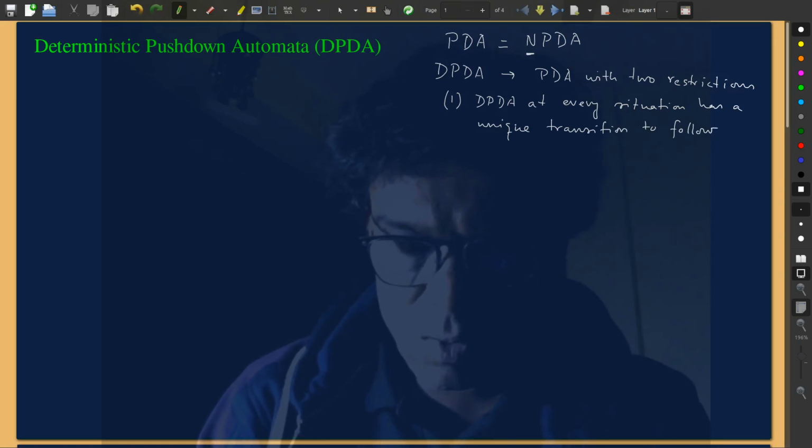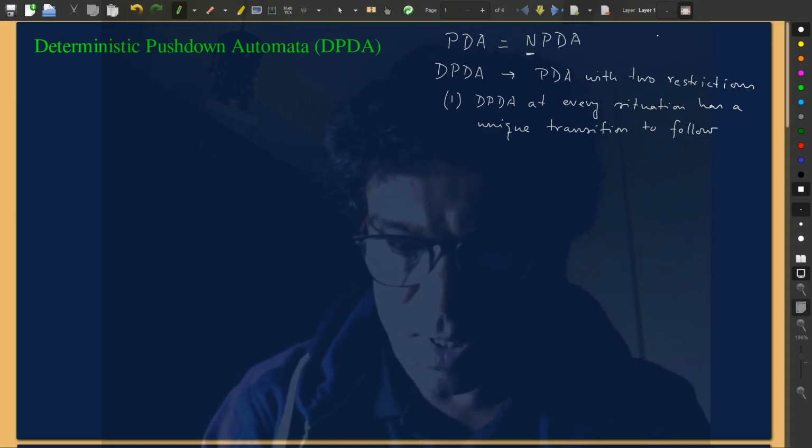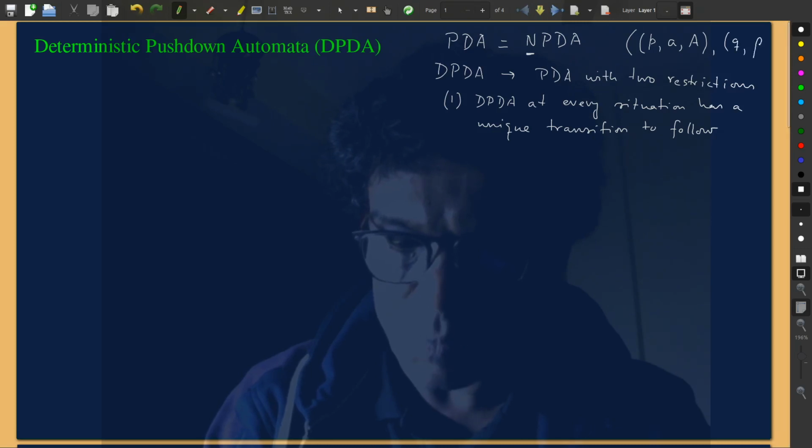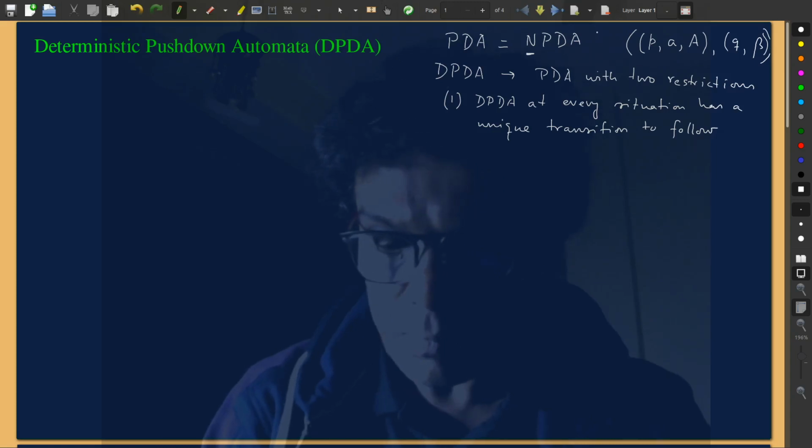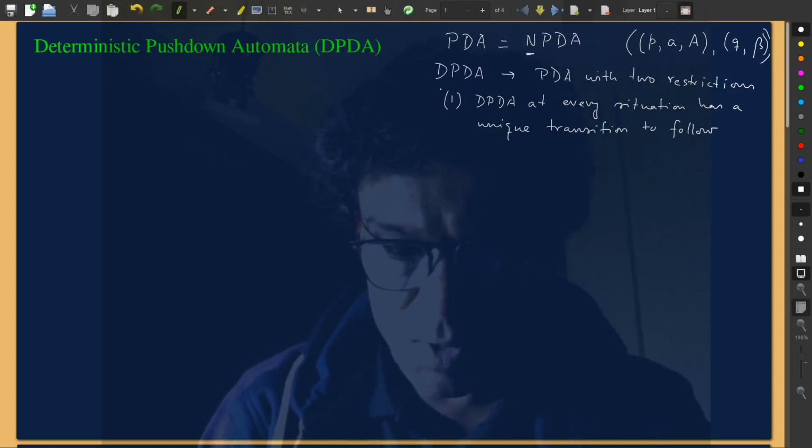So the transition is typically defined by this: P, a state, some symbol, maybe epsilon, and some stack symbol A. Go to a state Q, replace that top of the stack by some beta in gamma star. And now, when we talk about a deterministic PDA, for every given combination of P, a, and A, I have a unique thing.